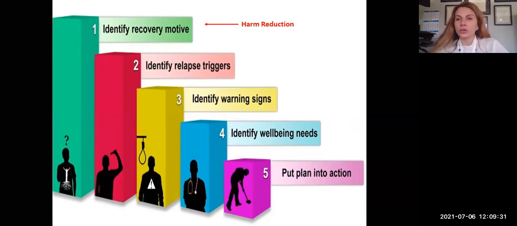Here's another way of thinking about it. When people are early in treatment or highly symptomatic, in the pre-contemplation to contemplation area, harm reduction techniques are going to be recommended.